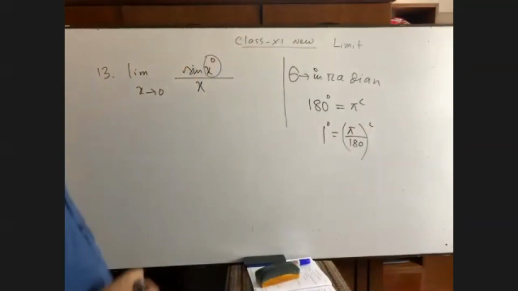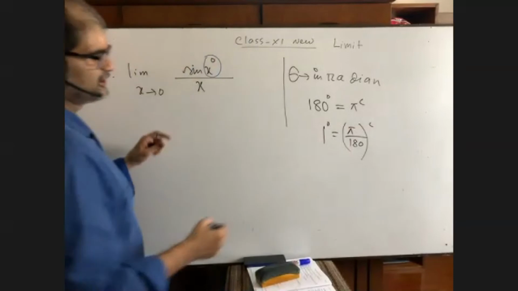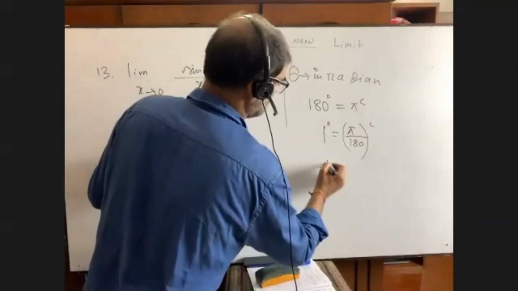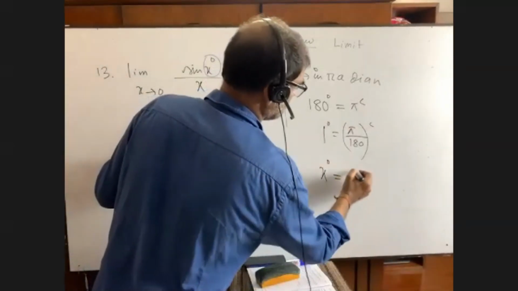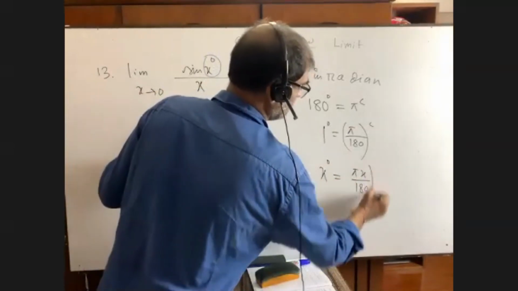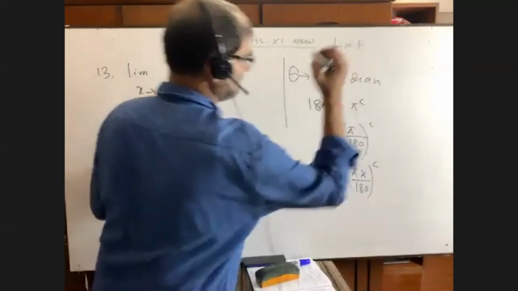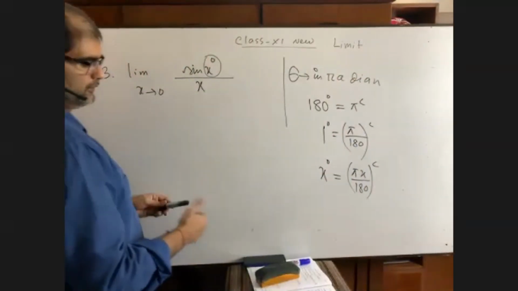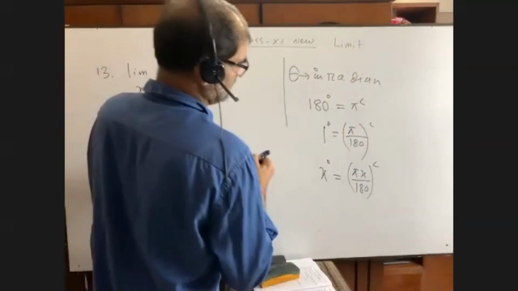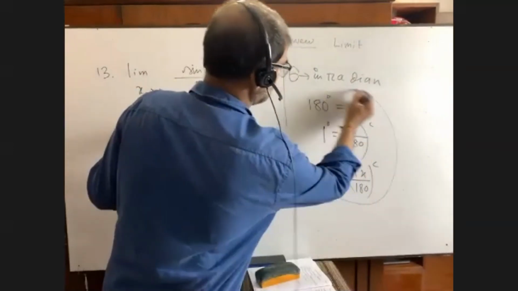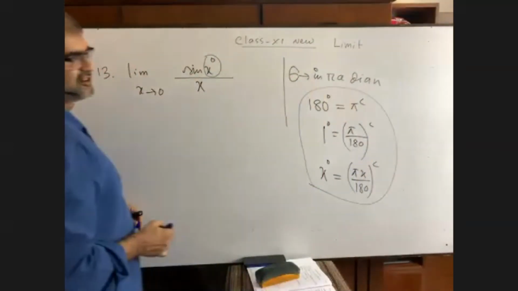Is it? Now, what is x degree? X degree equals to what? Write down the side note here. In the exam hall, you have to write this as a side note.